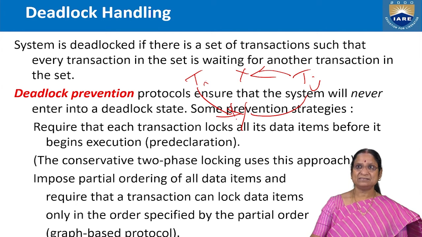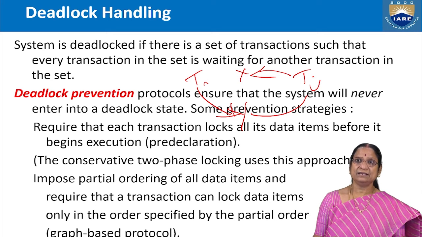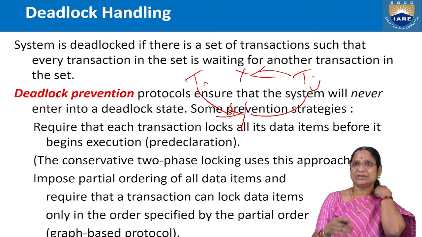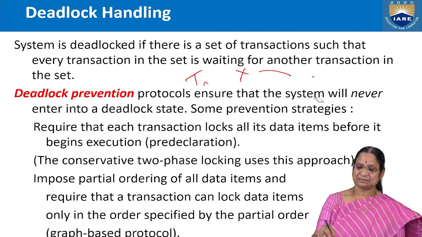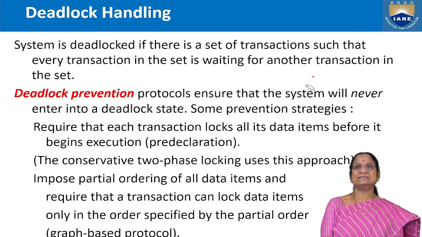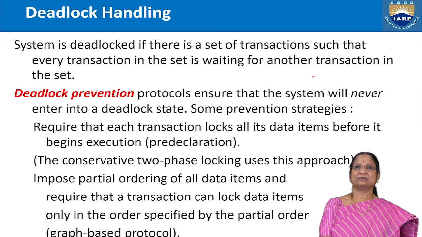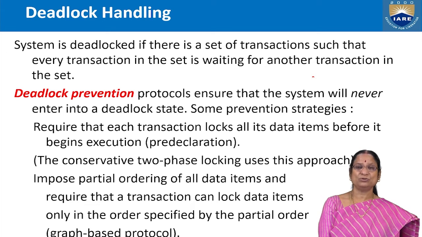That means Tj is waiting till Ti releases the lock on Y, whereas Ti is waiting to get a lock on X, which is held by Tj. Neither may release the locks since both are in the growing phase only. That means both are in a deadlock situation.